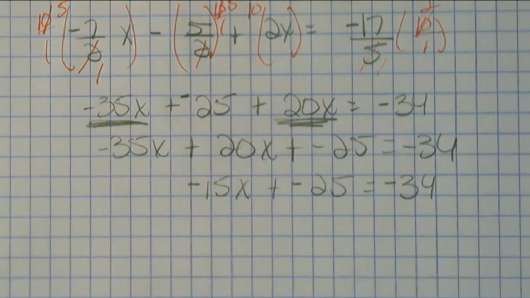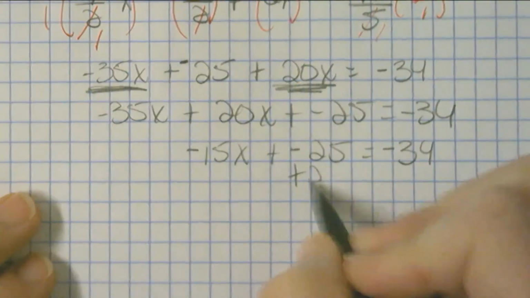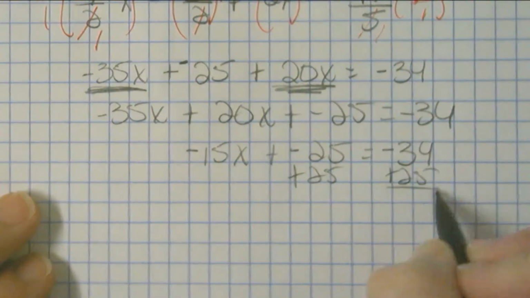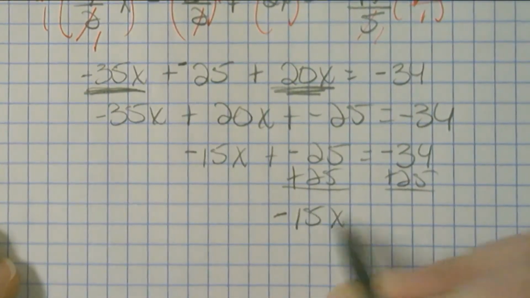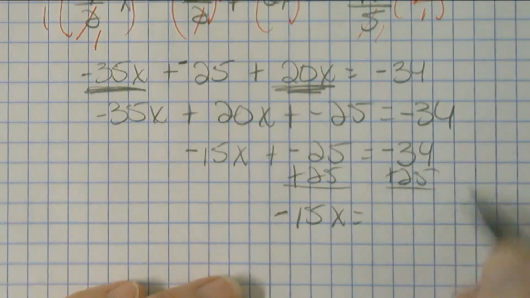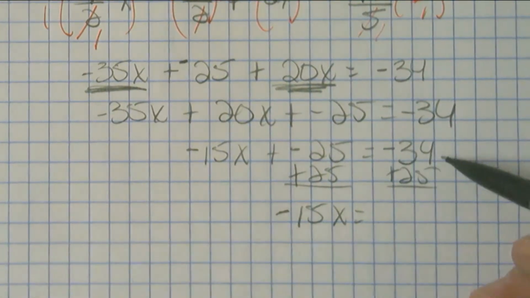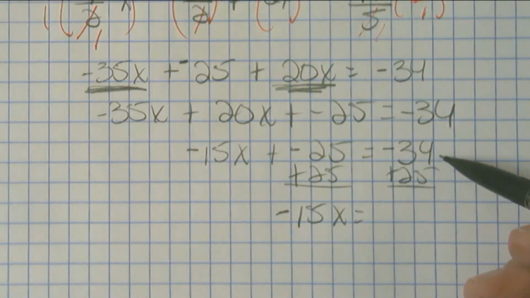Are you cool with that? Okay. From here, I'm just going to add 25 to each side. So I have negative 15x is equal to, well, this is the order in which I need to do the subtraction, because the greater absolute value is on the top.